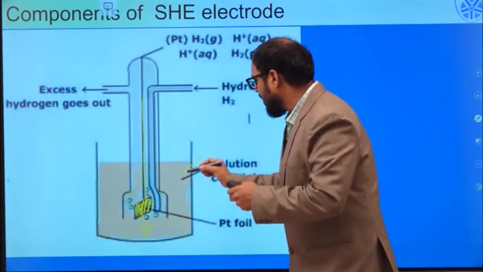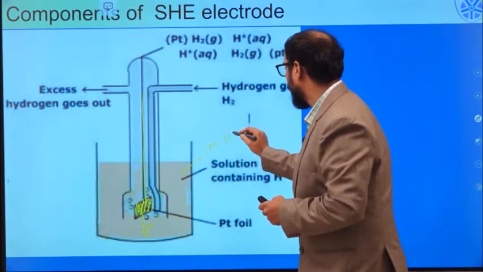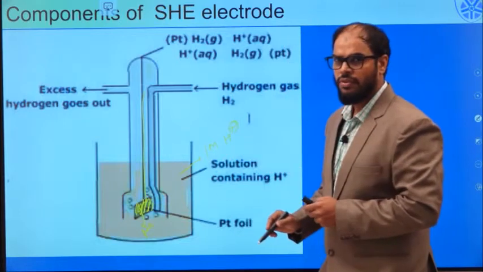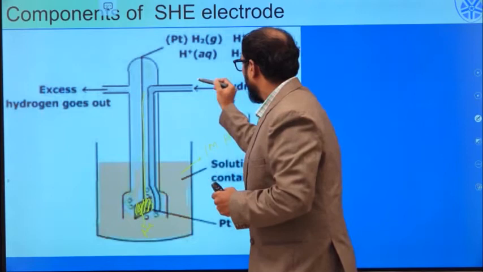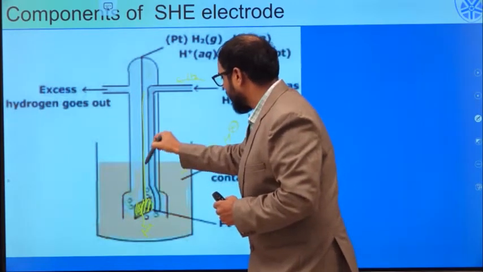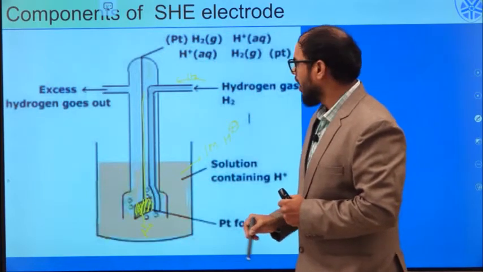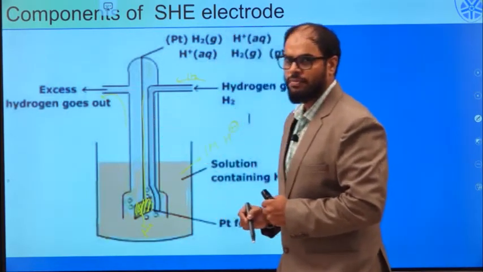This setup is immersed in a 1 molar solution of H plus ions. And we have an inlet where the hydrogen gas is allowed to purge in, and there is an outlet for excess hydrogen gas to be released out.